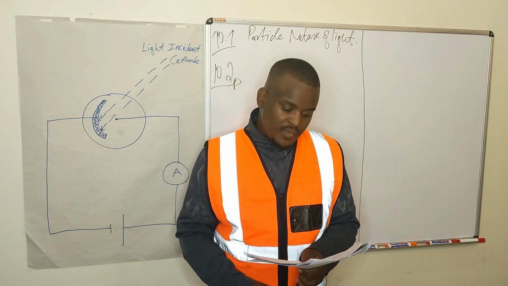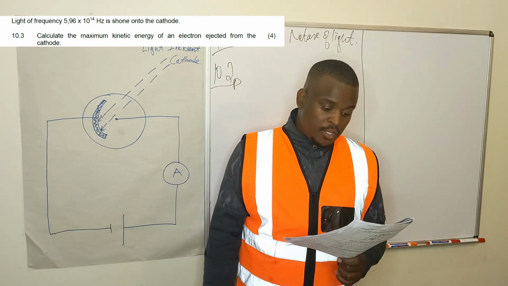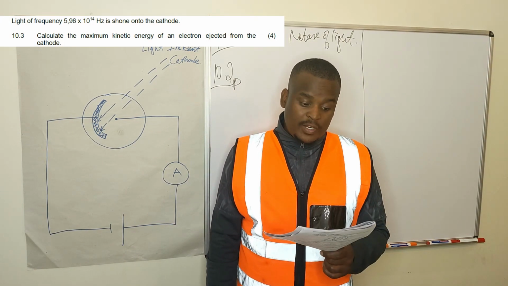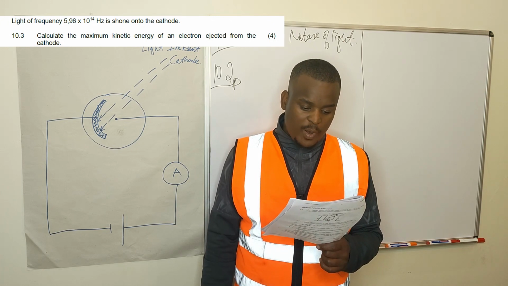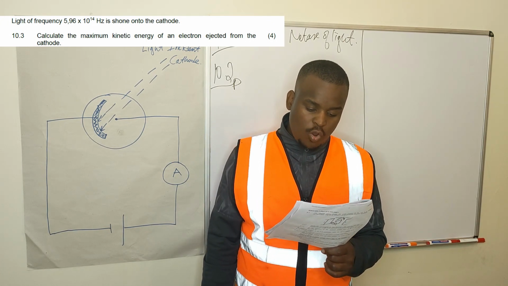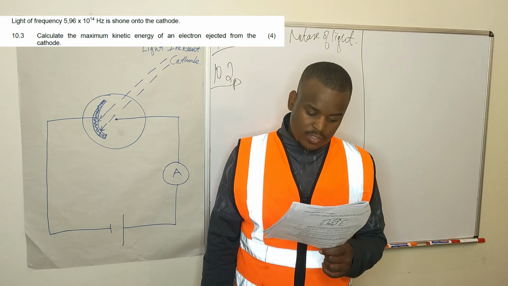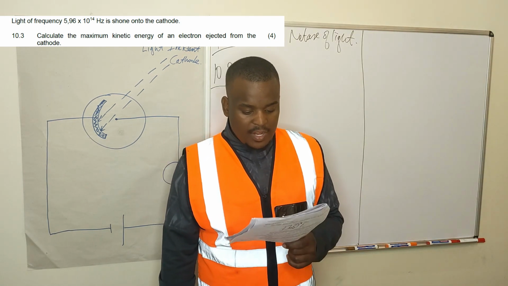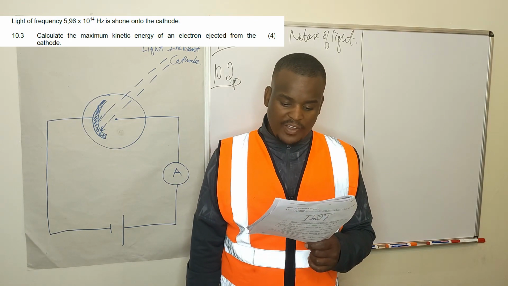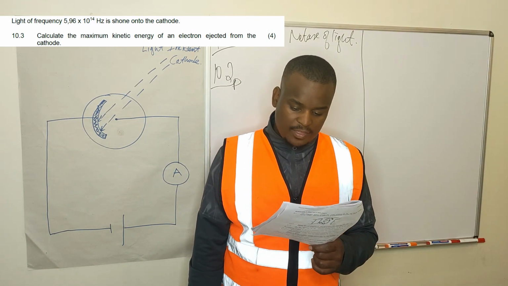And then let's continue. So 10.3, light of frequency 5.96 times 10 to the 14 is shone onto the cathode. Calculate the maximum kinetic energy of an electron ejected from the cathode.